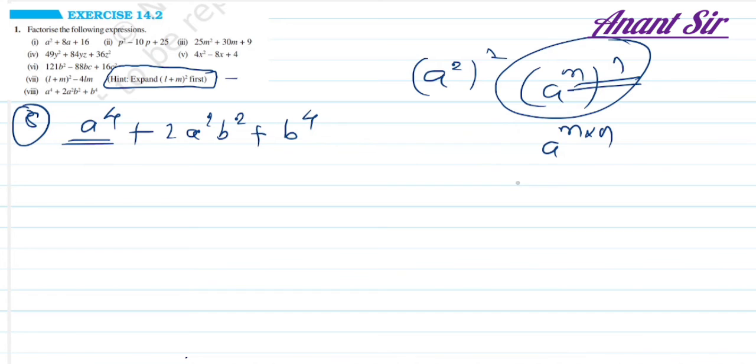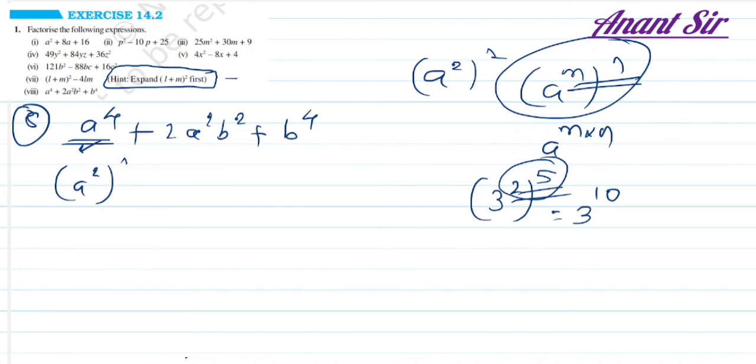We multiply the two powers. For example, if it is 3 raised to 2 and raised to power 5, then we multiply the two powers and get the answer as 3 raised to power 10. So similarly here also I can write this as (a square) to the power 2. Similarly for b raised to 4, I can write it as (b square) to the power 2.